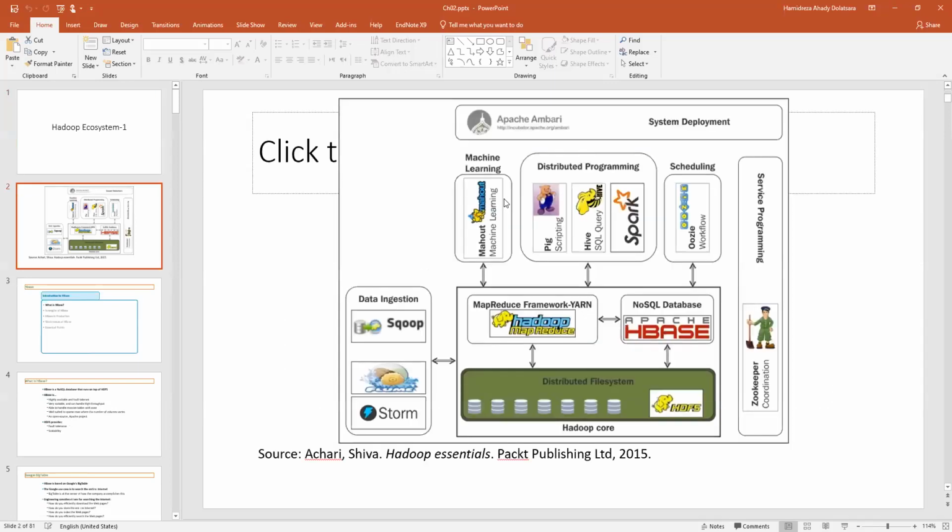Okay, so we already talked about the Hadoop ecosystem. The core part of Hadoop is the distributed file system, HBase NoSQL database, which is a new structure of databases, and Hadoop YARN.